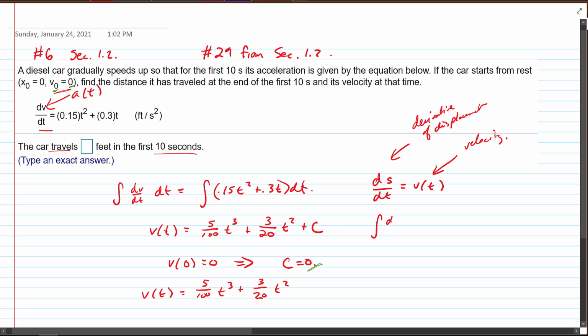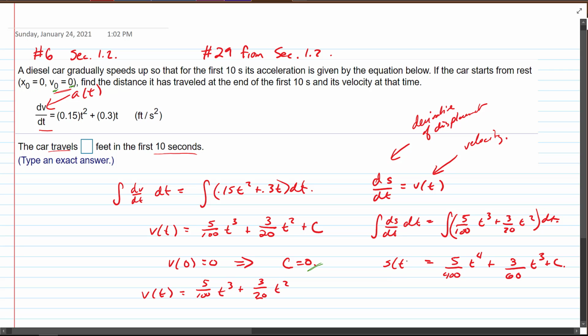So the integral of ds/dt is equal to the integral of 5/100ths t cubed plus 3/20ths t squared dt. Integrating, we end up with 5/400 t to the 4th plus 3/60 t cubed plus c, and that gives us our s of t.